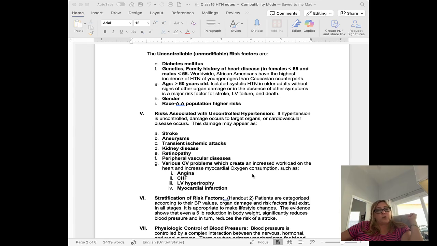If the left ventricle gets involved with the hypertrophy, that will cause a backflow into the lungs, and they'll get short of breath. If it moves to the right, then we're going to see some problems with cardiac output and CHF. We do know myocardial infarction. This is a risk factor for a heart attack, is uncontrolled hypertension.